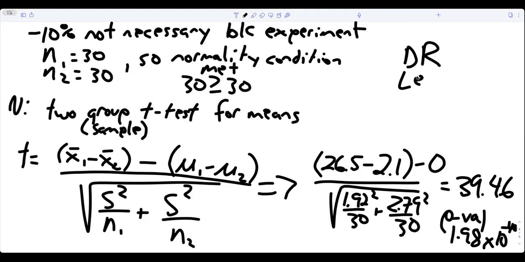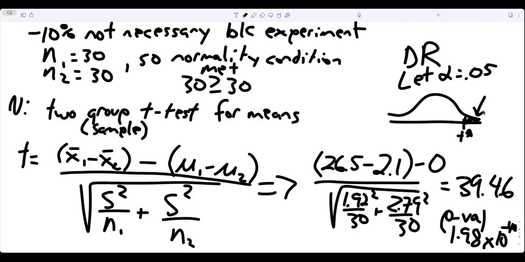I'm going to let alpha equal 0.05. All right, and then we've got a T critical value. This is only one-sided, and my rejection region is greater than T. Why is it greater? It's got to match up with your hypothesis, okay? So there's 5% right here.